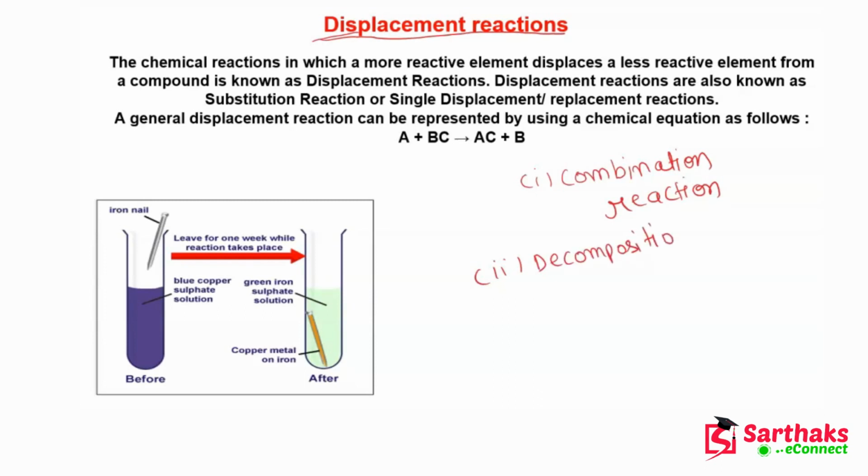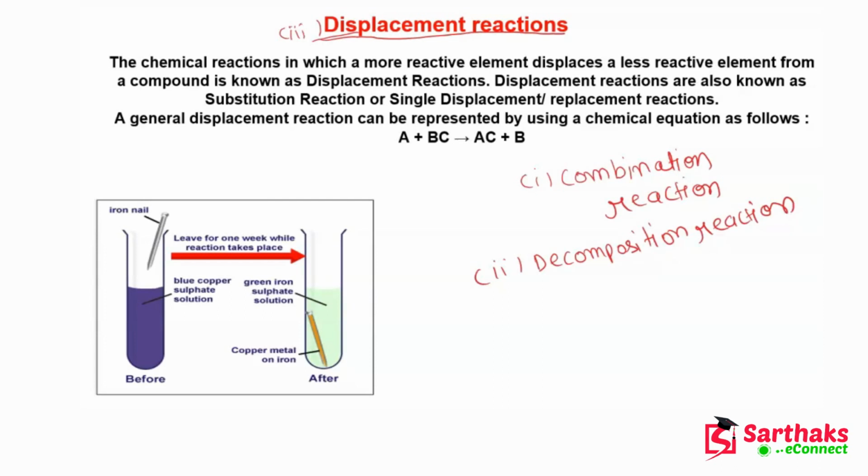But this is type number three, and the name of this type is displacement reaction. So by the name also, we can understand that in this reaction, some kind of displacement will take place.